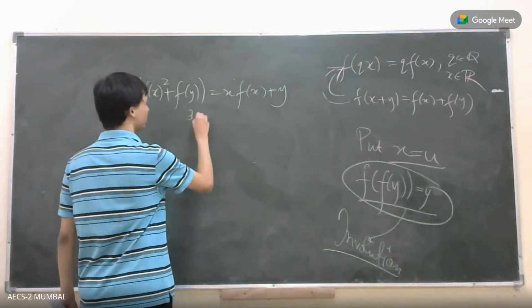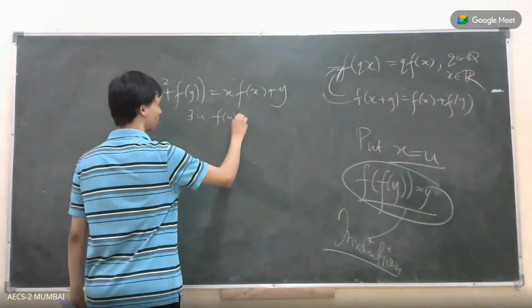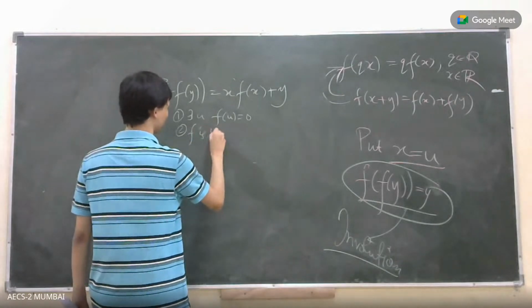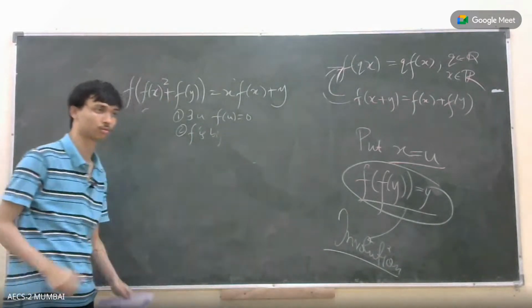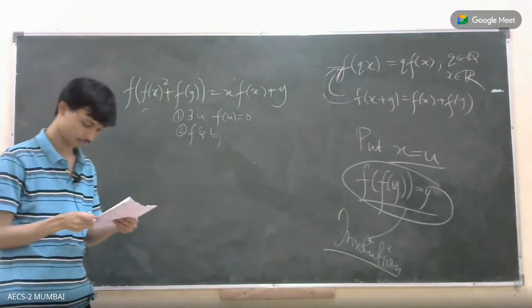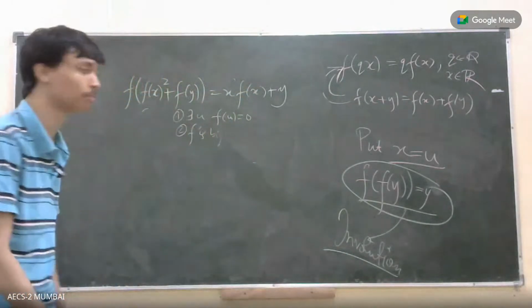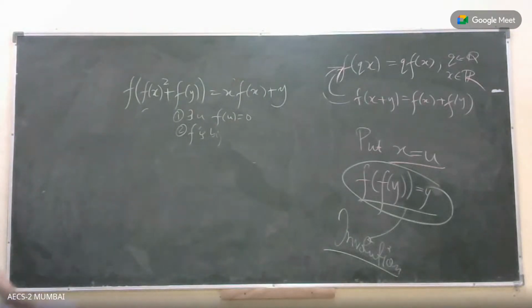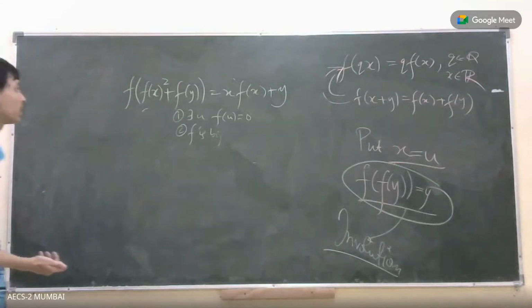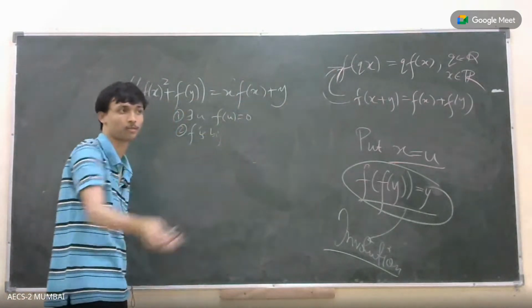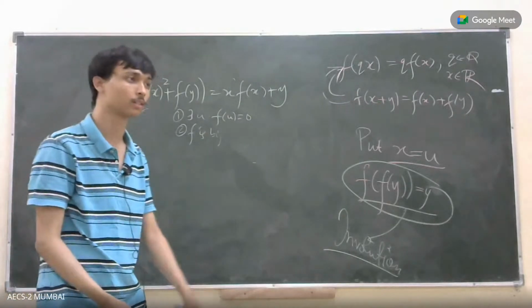We know that there exists a u such that f(u) equals 0. We also know that f is bijective. This is nice, but how do I actually use it? Because f is bijective, I can write f(x) plus f(y) equal to f inverse of f(x + y). But that is not helpful.